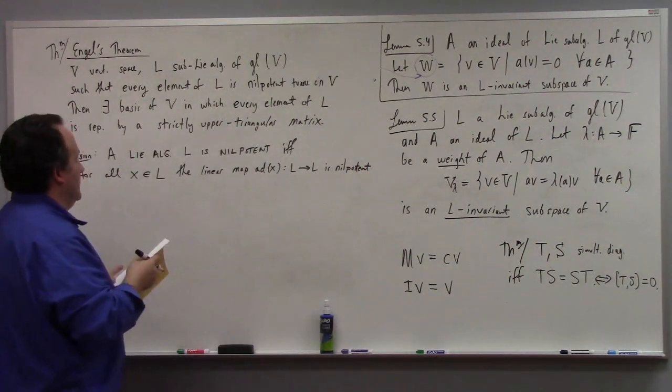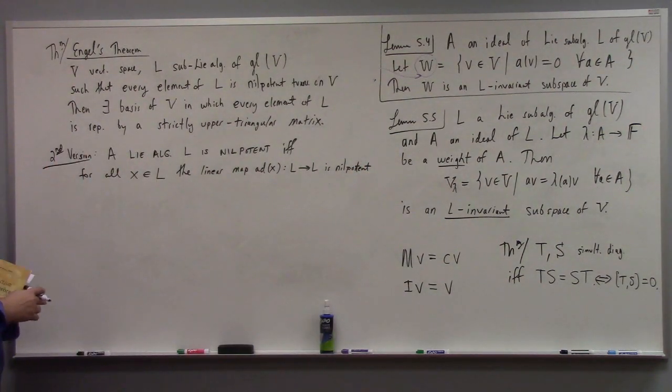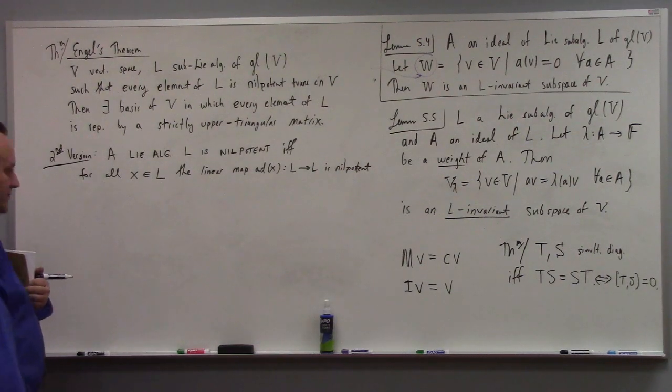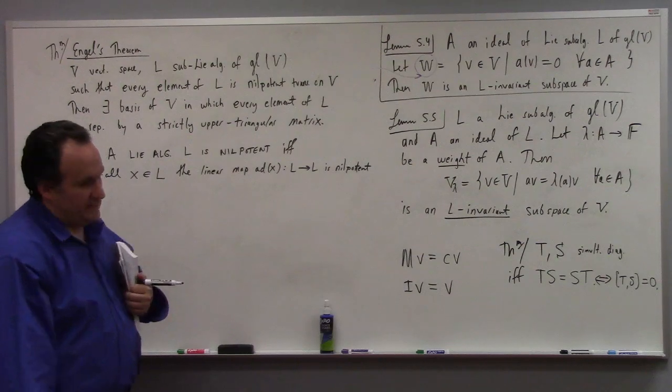In other words, a Lie algebra is nilpotent if and only if every adjoint operator on L is nilpotent.